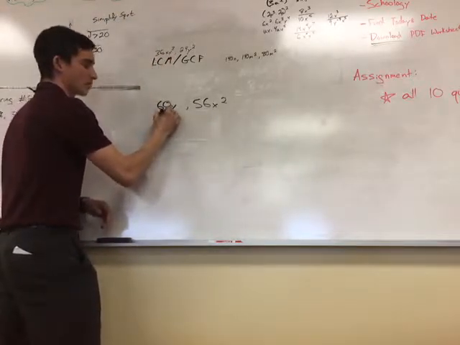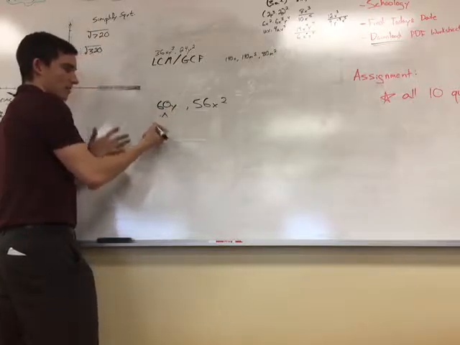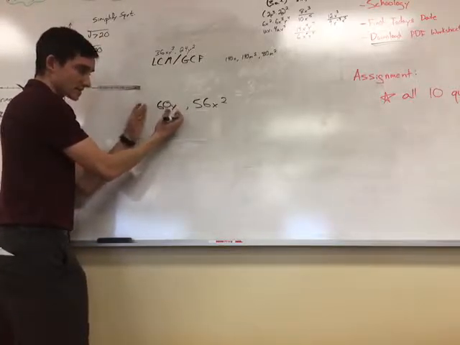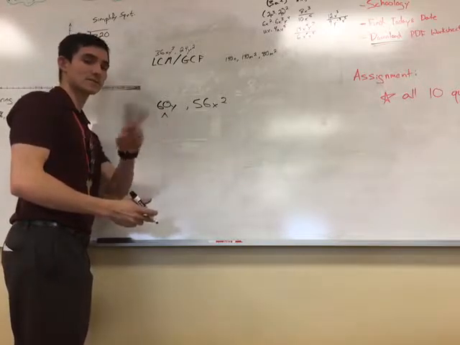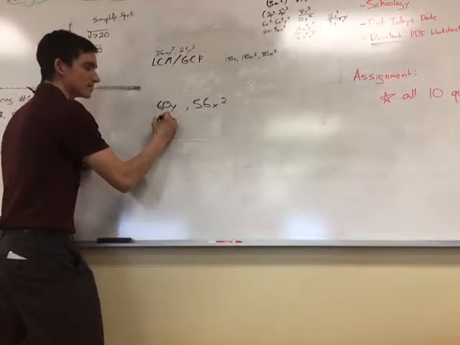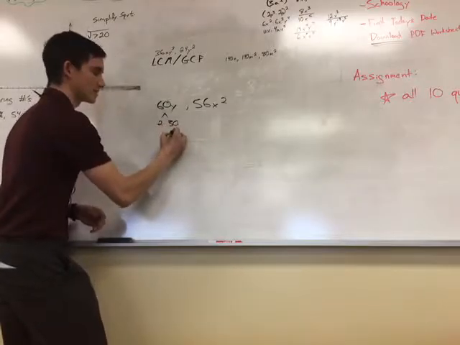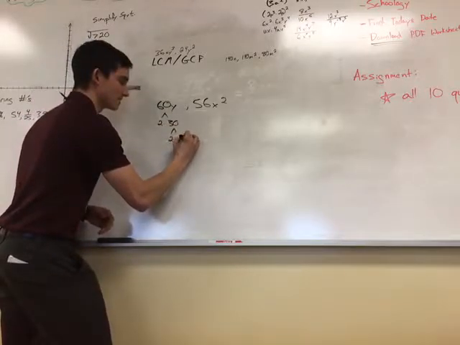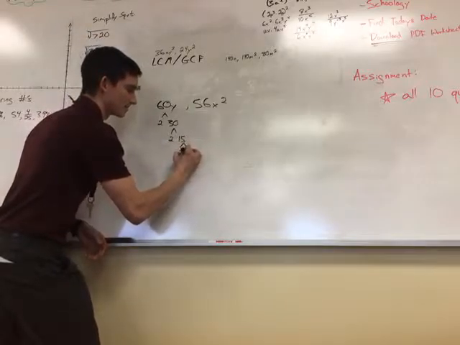I need to start off by doing prime factorization. What I mean by that is just breaking 60 down using prime numbers. I talked about this. The easiest prime numbers to use are 2 and 5 typically. If it's even, I always divide by 2. So 2 and 30. 30 is even, so I divide by 2 again. 2 and 15. 15 is divisible by 5 and 3, so 3 times 5.